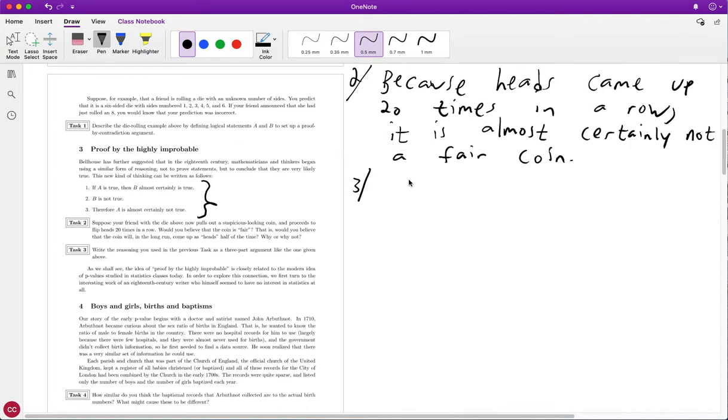So if we let A be: this is a fair coin. B would be that heads comes half the time.